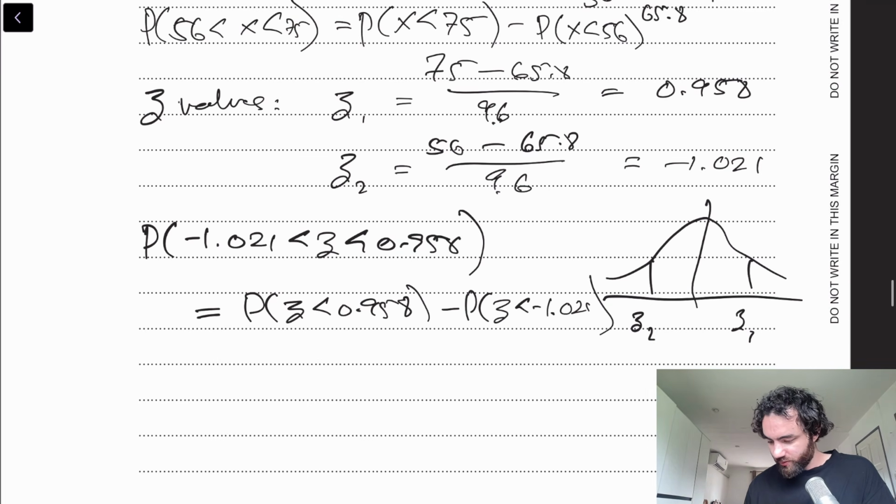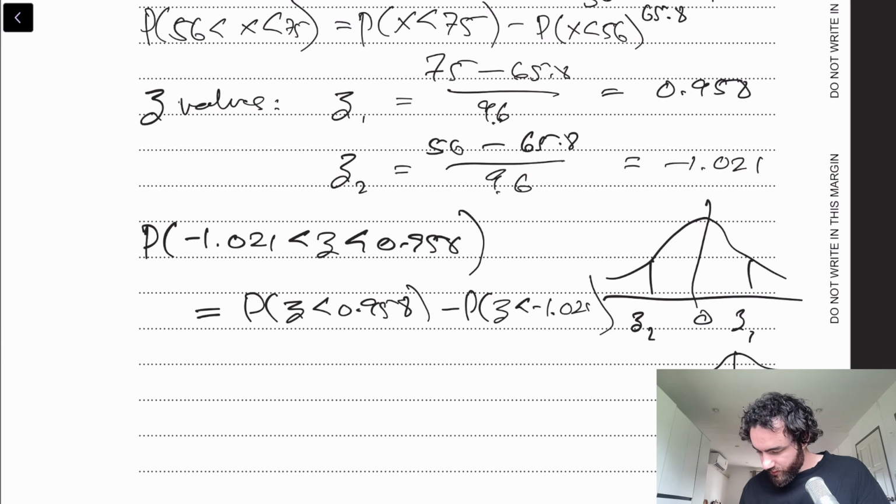However, with this z distribution, because it's symmetric about 0, this is minus 1.021 and this is positive 1.021.